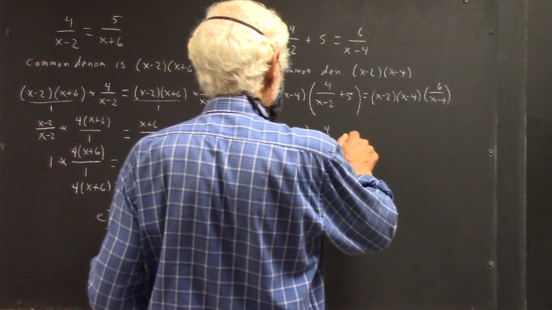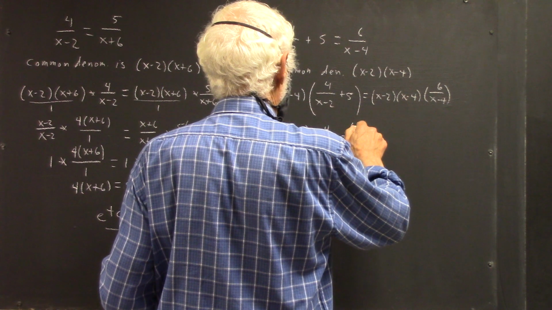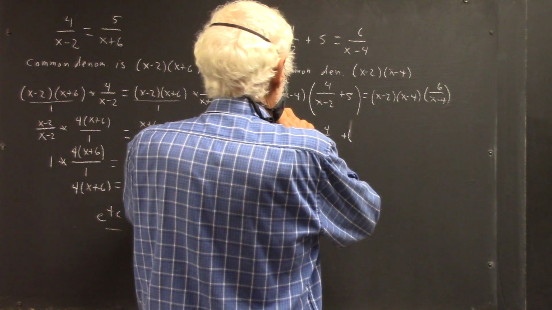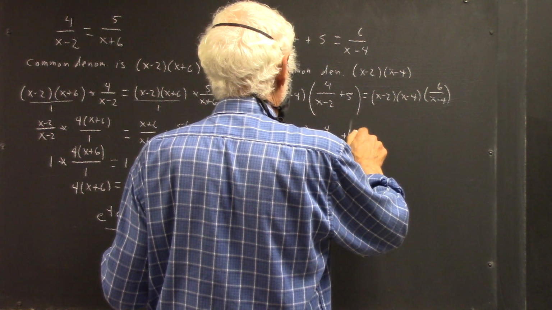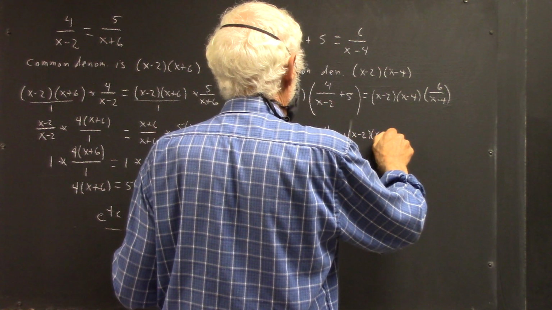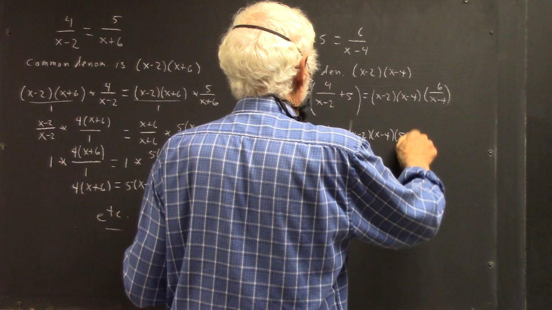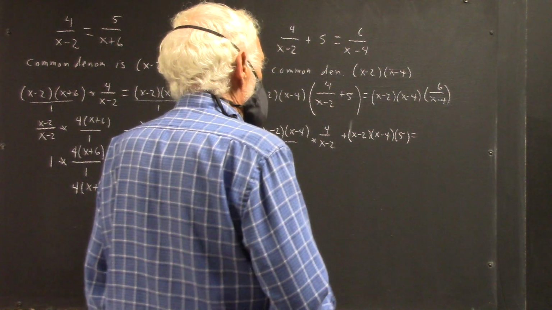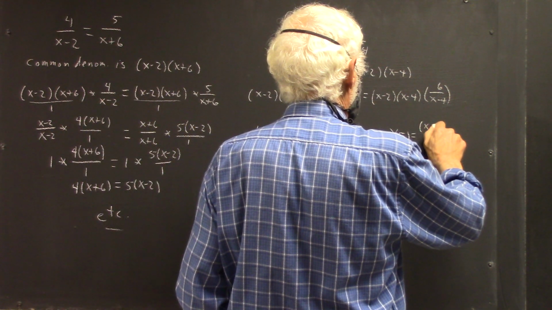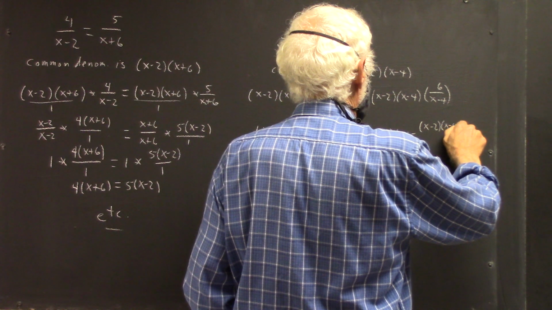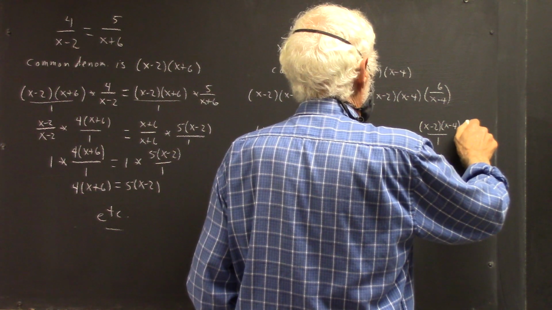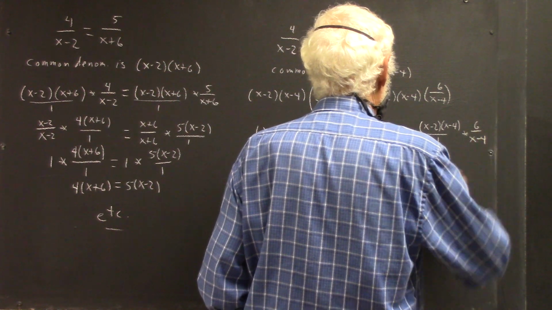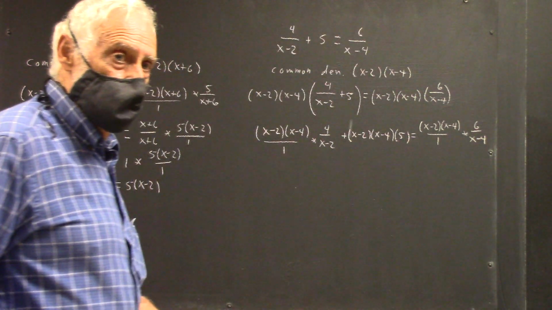Okay? Anyhow, that's going to be, and we don't have any fractions involved with multiplying this by 5. Okay? Then over here, we'll just write it down again. Okay?